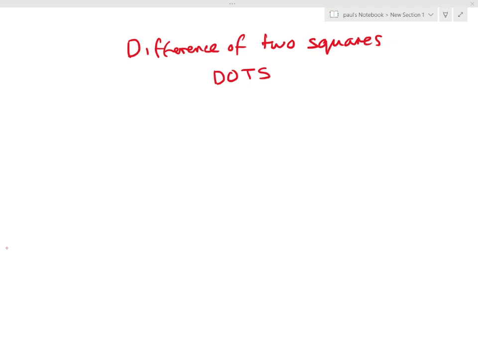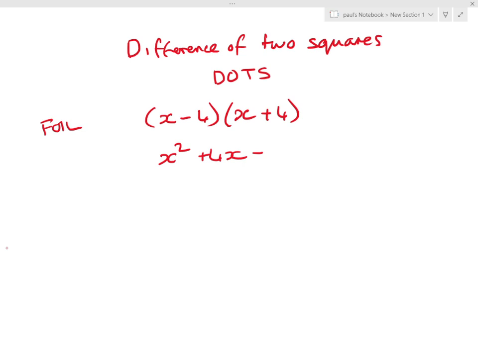So if we have x minus 4 and x plus 4, and we did the FOIL on this, we'd go x times x is x squared, x times plus 4 is 4x, and minus 4 times x is minus 4x, and minus 4 times plus 4 is minus 16. And these two middle terms will cancel each other out, so you just end up with x squared minus 16.